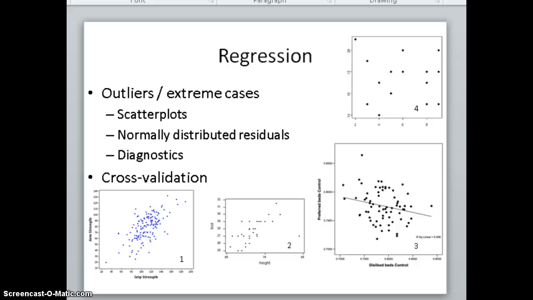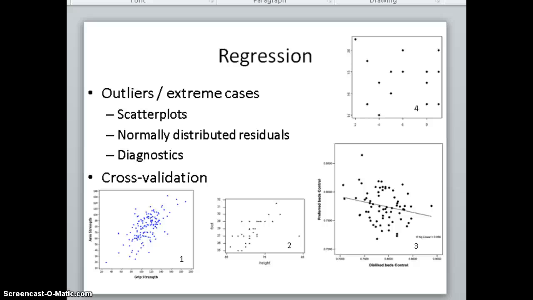Cross-validation is another way to test how good a regression model is. With cross-validation, you have two data sets, and you calculate a regression equation for one data set, and then you see how well that regression equation matches the line of best fit that you get for another separate data set.